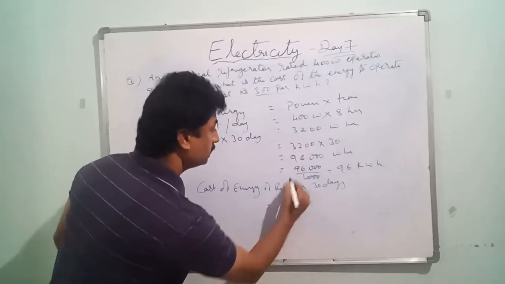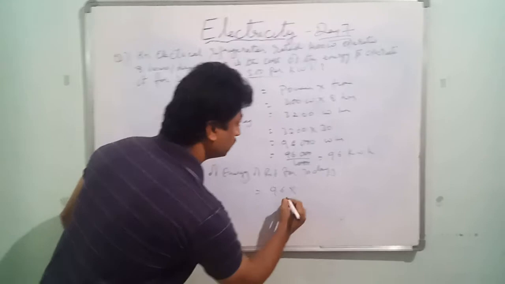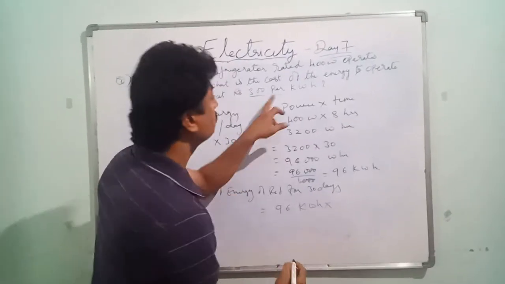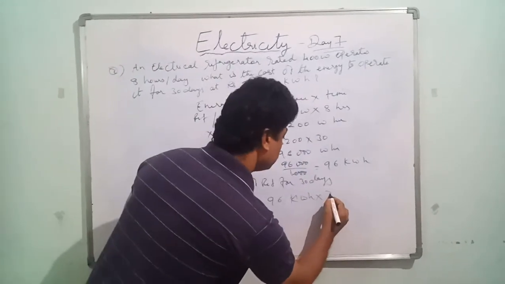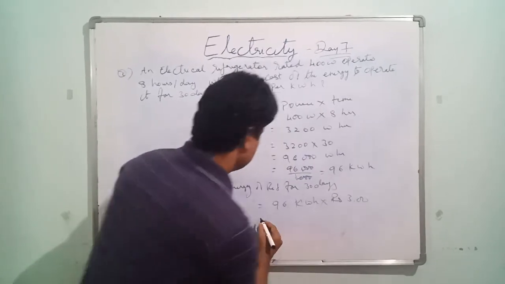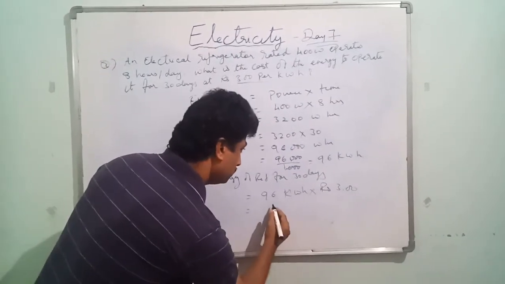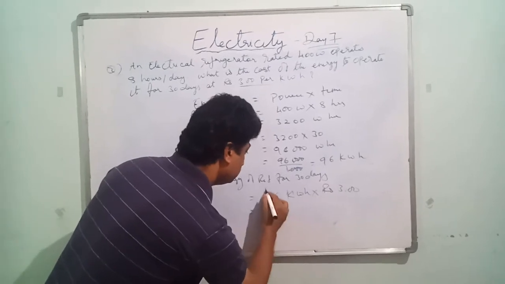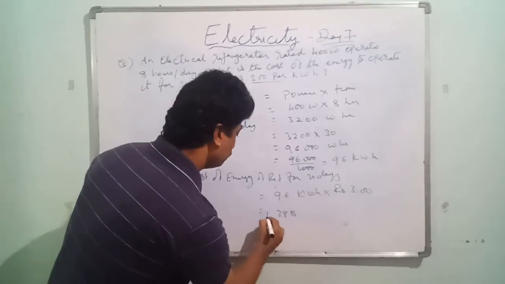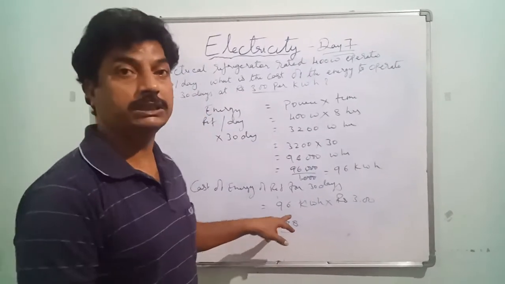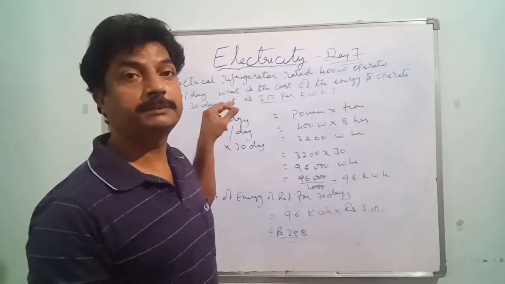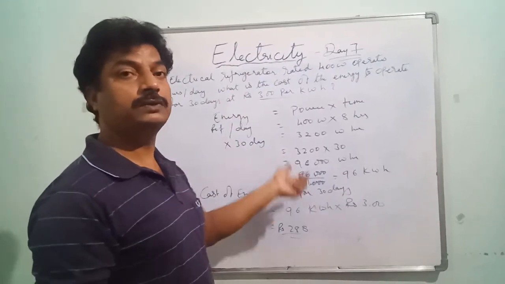That is 96 kilowatt hours into 3 rupees per kilowatt hour. So you multiply with 3 rupees, and 3 sixes are 18, giving 288. This is the cost in rupees. So rupees 288 is the cost when a 400 watt refrigerator is running for 8 hours per day. Okay, this is how you have to calculate.